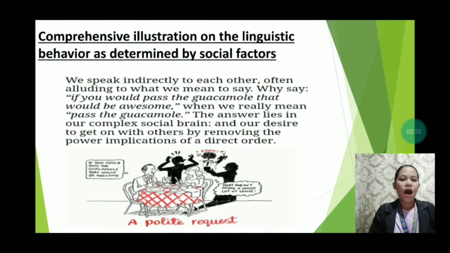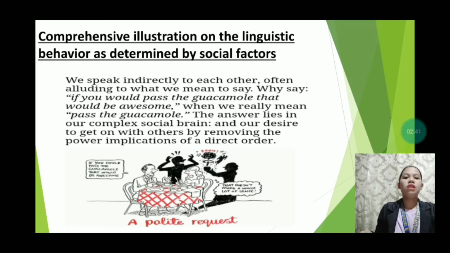Okay, so a comprehensive illustration on the linguistic behavior as determined by social factors. For the illustration, I used two examples, and this is the first one. We speak indirectly to each other, often alluding to what we mean to say.